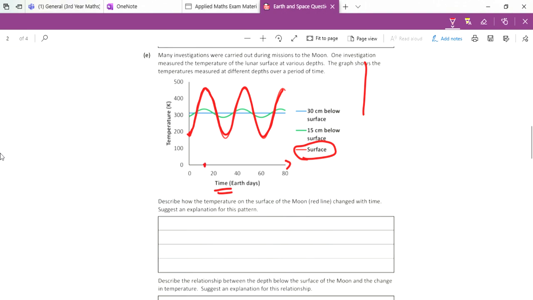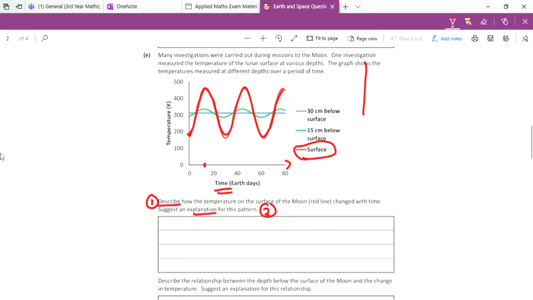So describe how the temperature of the surface of the Moon changes with time and suggest an explanation. Now again, where people lose marks here is they don't read the question carefully, because there's 2 bits to this. Part 1 is describe how the temperature changes, and part 2 is suggest an explanation. And if you don't answer both of those parts, you won't get full marks.